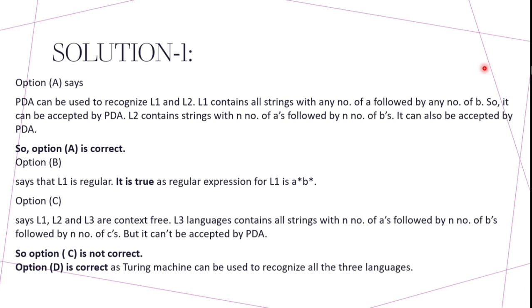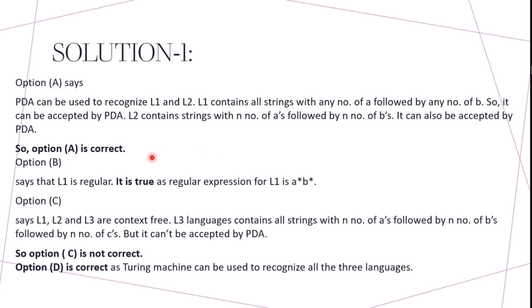L1 contains all strings with any number of A's followed by any number of B's, so it can be accepted by PDA. L2 contains strings with n number of A's followed by n number of B's, so it can also be accepted by PDA. So option A is correct.